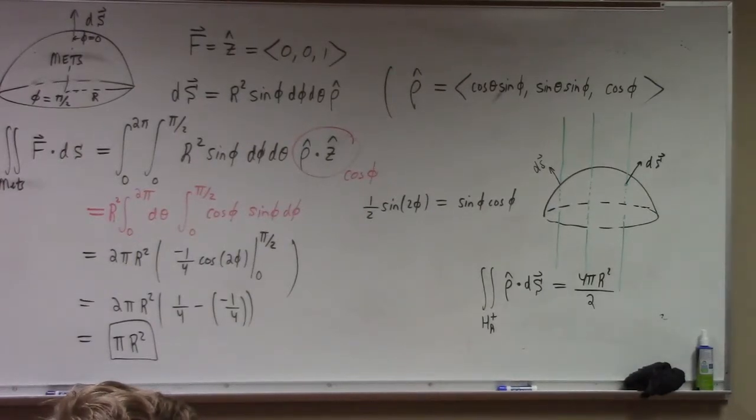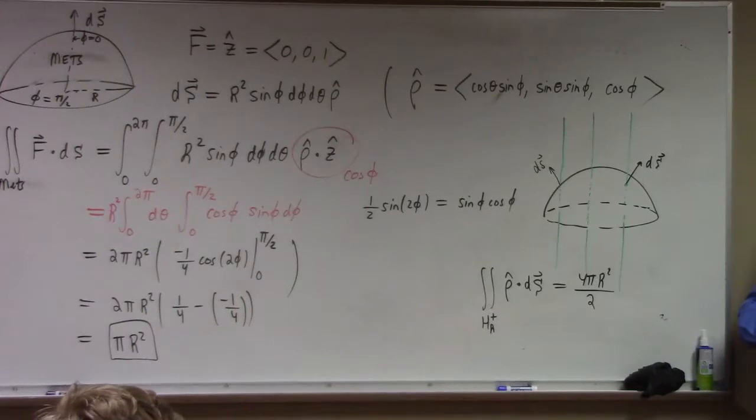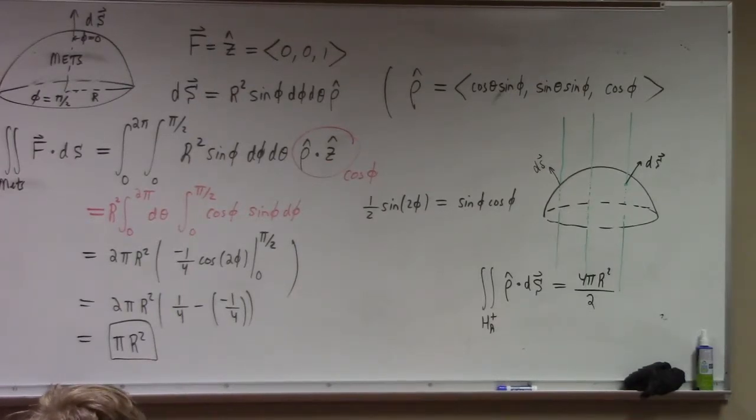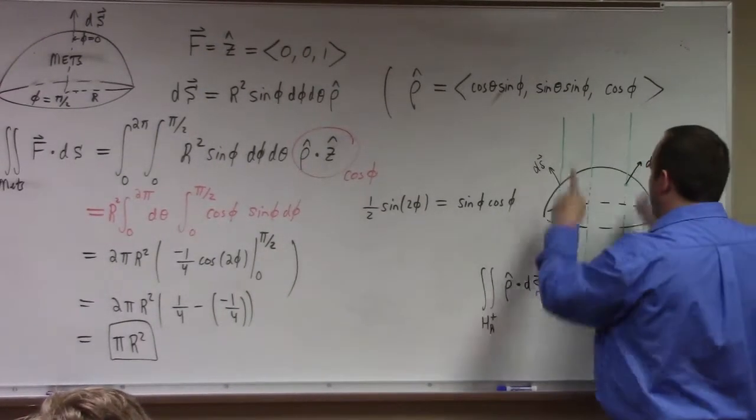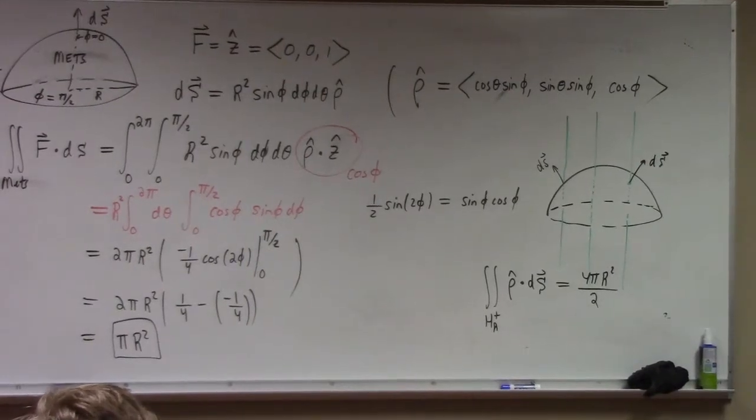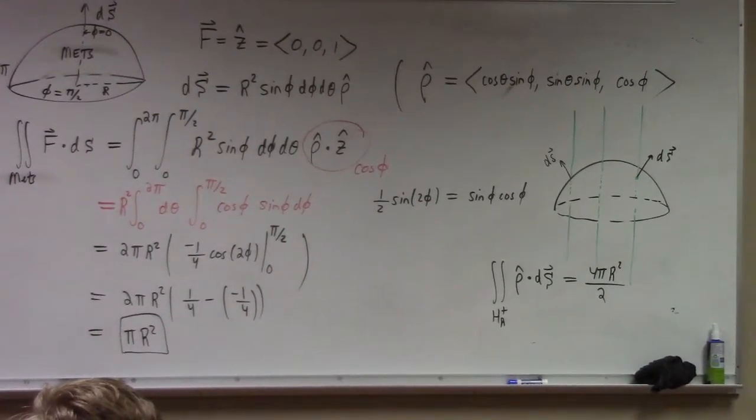See, because the point is that the flux here, it's as if, well, how to say this? Somehow these two pieces cancel and only the upward part of the flux remains in the flux integral, if that makes sense.